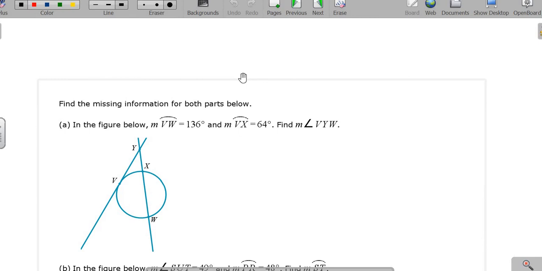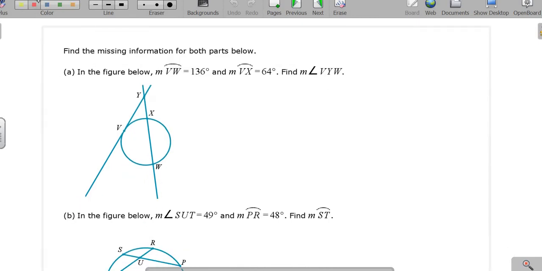Now, before you do anything, simply identify, we're going to physically trace and identify what kind of angle this is. And this is a secant tangent. Tangent secant. We're going to write the equation before we do anything else.